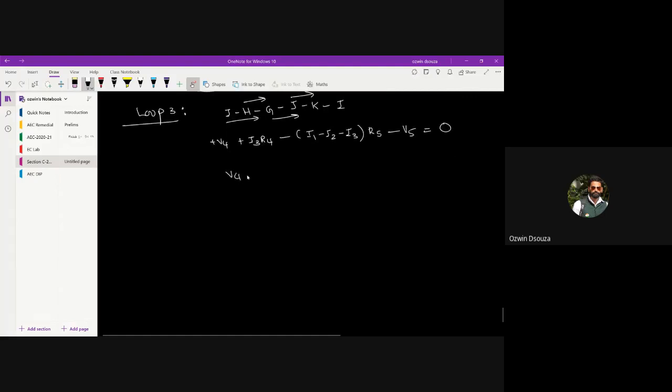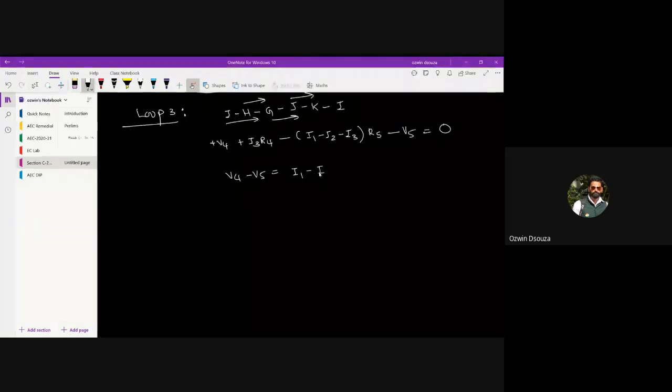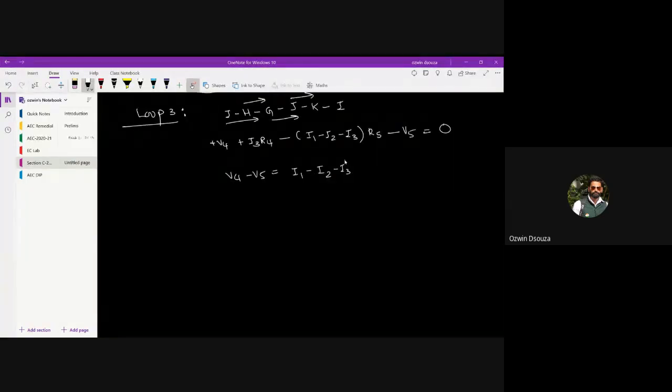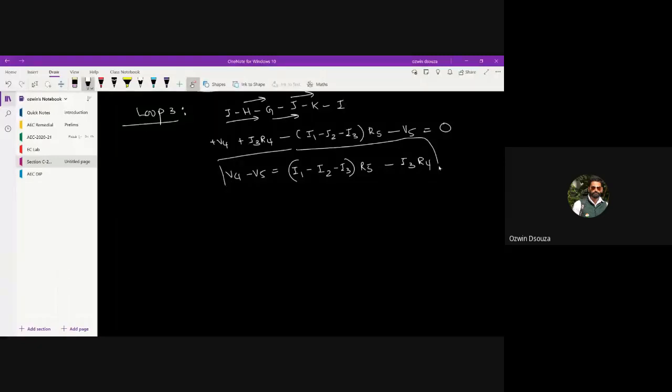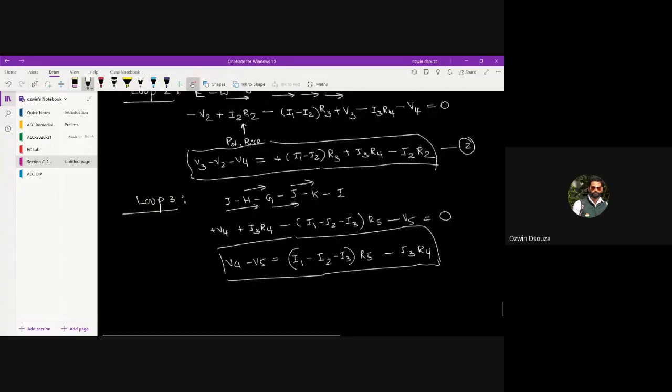So V4 minus V5 is equal to I1 minus I2 minus I3 into R5 minus I3 into R4. This is my equation, equation 3.